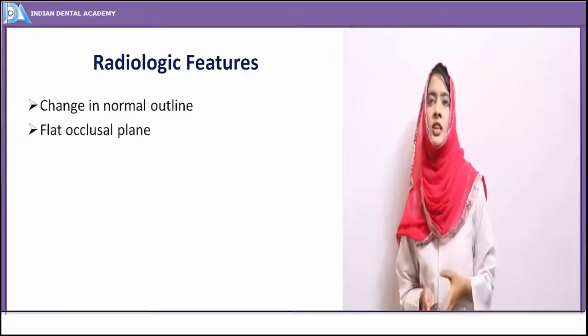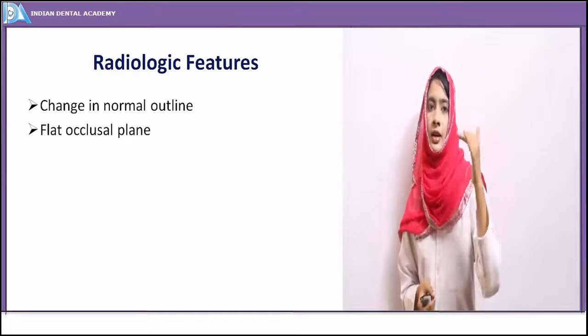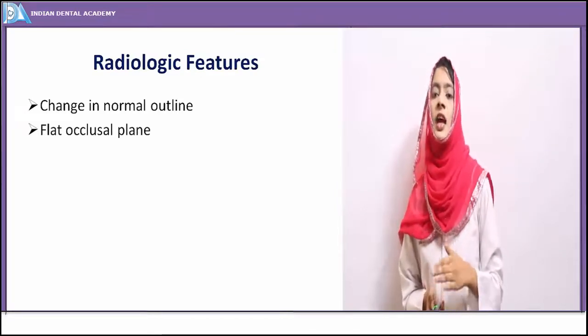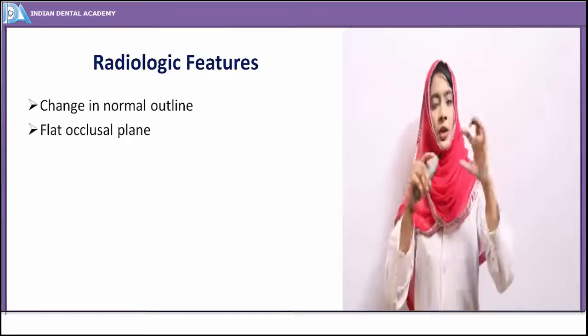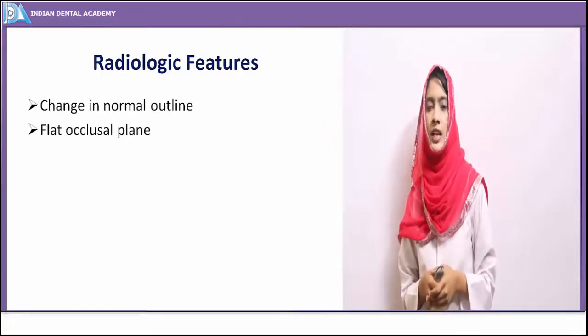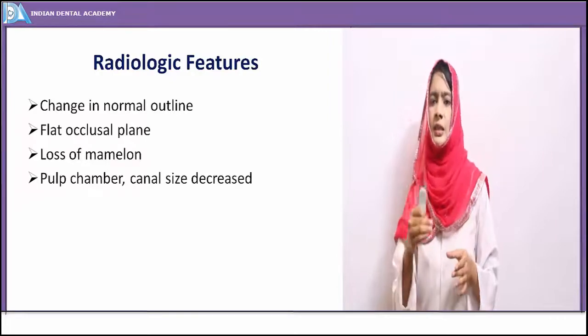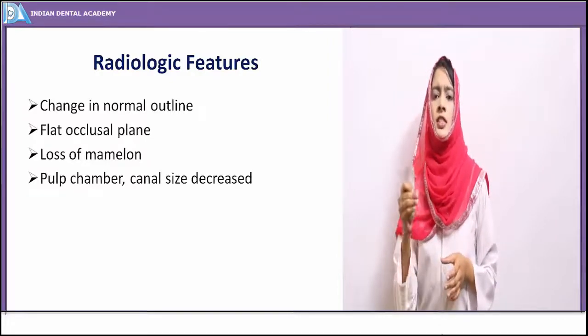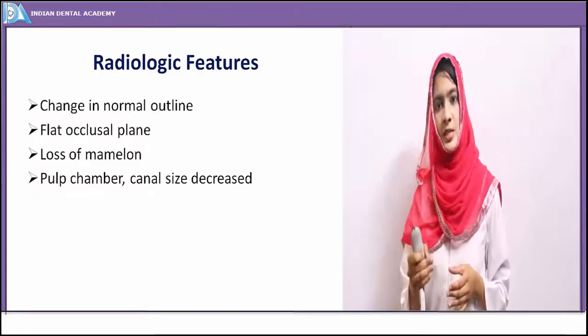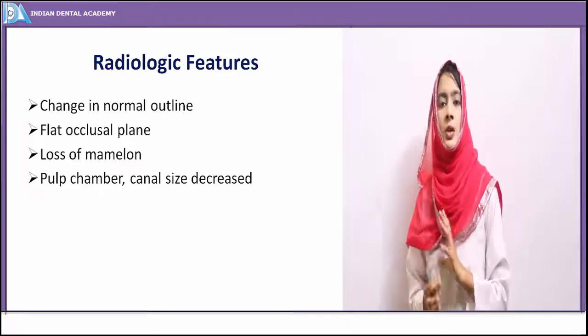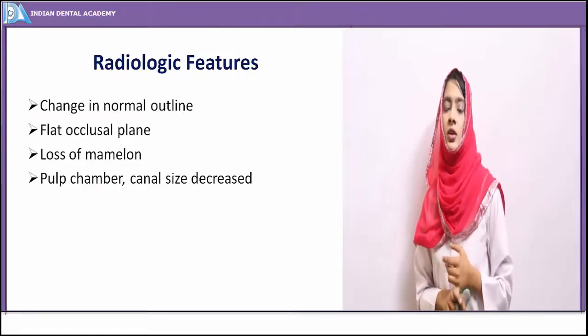When you see the radiographic picture, enamel may not be visible, the teeth will be flat, and you cannot make out any cuspal outlines as such. Mamelons are nothing but developmental globules seen on the enamel surface. They represent depressions like that. So there will be loss of mamelons on the enamel surface.